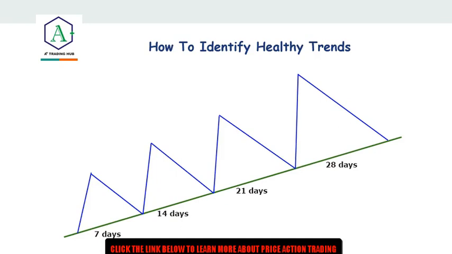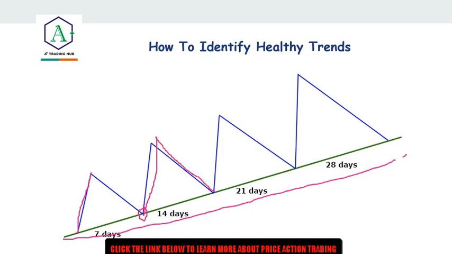For example, this is your chart and we have this trend here. This is an uptrend and price pushed up, and it took like 7 days for price to retest the trend line again. After that, price pushed up again, and it took 14 days for price to come back and touch the trend line.